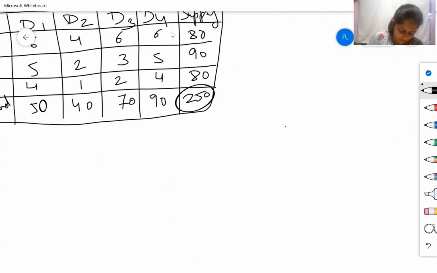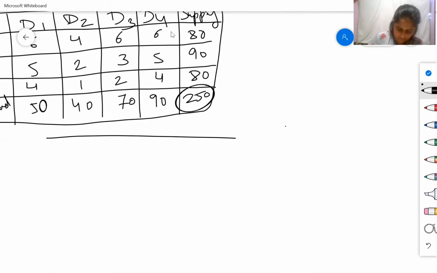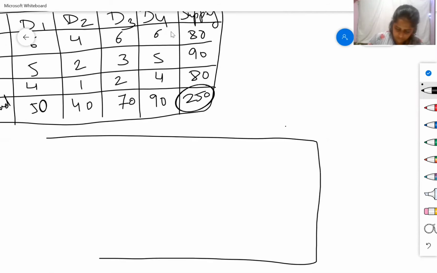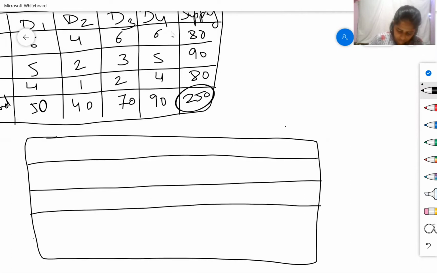Now we will draw the matrix table, where we have 5 rows and 6 columns.